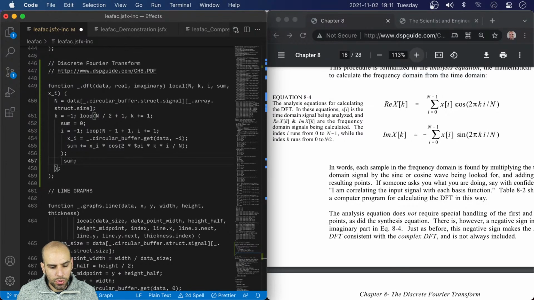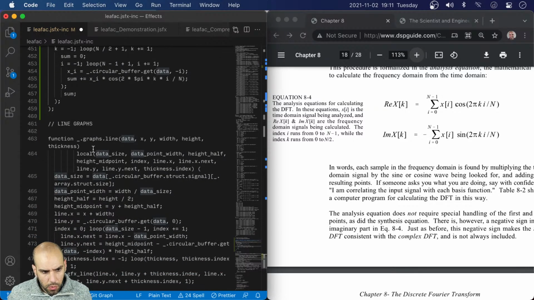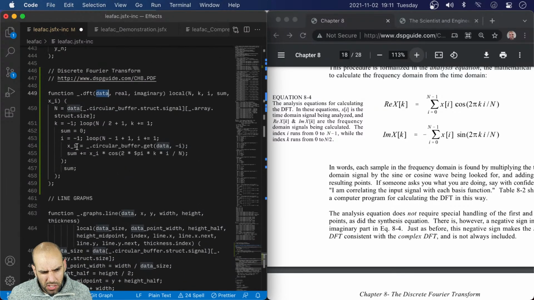So I guess I'm going to use... What am I going to use to represent the real and imaginary parts? The data, I think I'm going to use a circular buffer. But the real and imaginary parts, I may use something else. I may use an array. But hang in there, I will want to graph this later, and this is expecting a circular buffer.